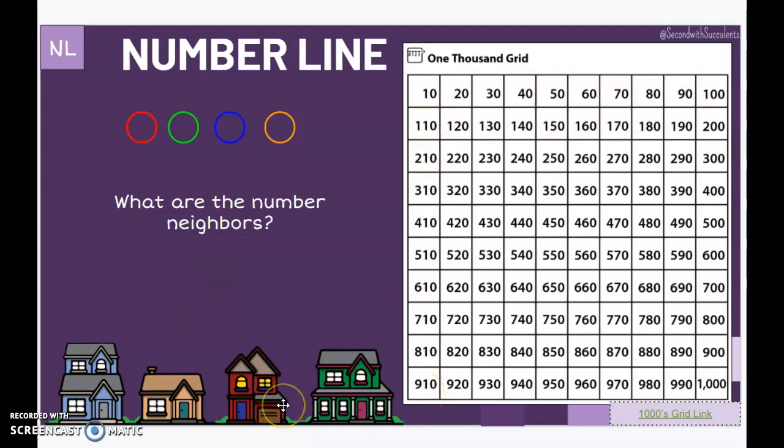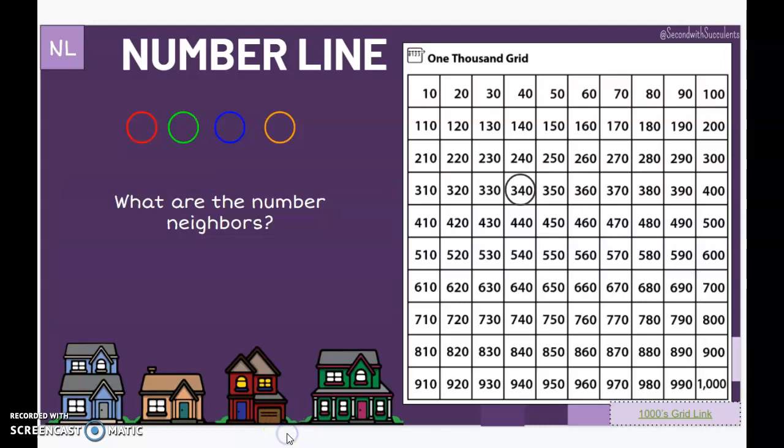If we can't find the number 345, can we find a number that's really close to 345? Thumbs up if you think we could. Yeah, we can. We can use the number 340.